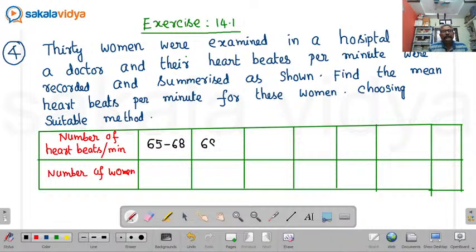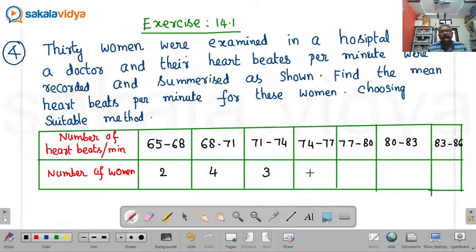Next, 68 to 71, 71 to 74, 74 to 77, 77 to 80, 80 to 83, 83 to 86. And the frequencies are 2, 4, 3, 8, 7, 4, 2. So this table has been provided with us.